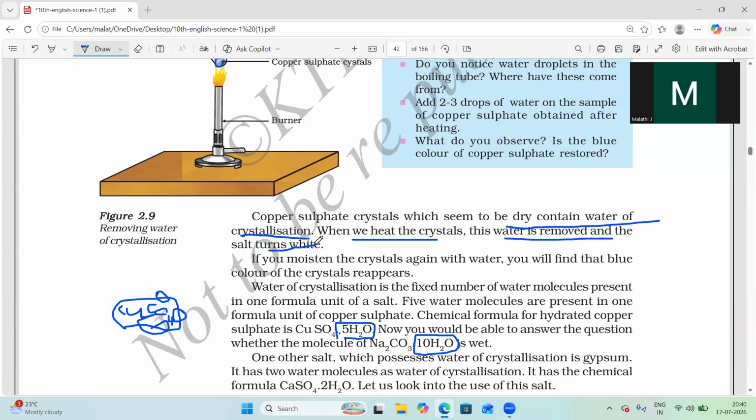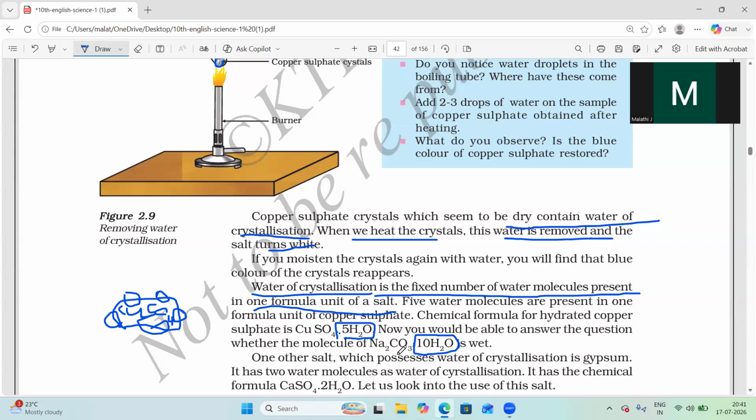So now define what is meant by water of crystallization. Water of crystallization is a fixed number of water molecules present in one formula unit of salt. Here, CuSO4 has 5 molecules of water present around it. So 5 water molecules are present in one formula unit of copper sulfate.